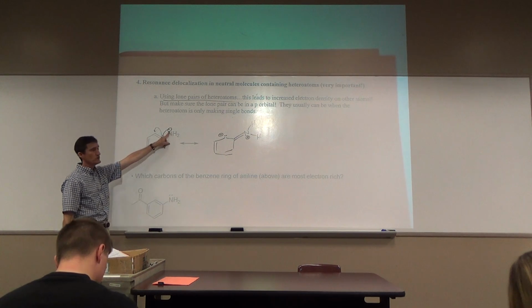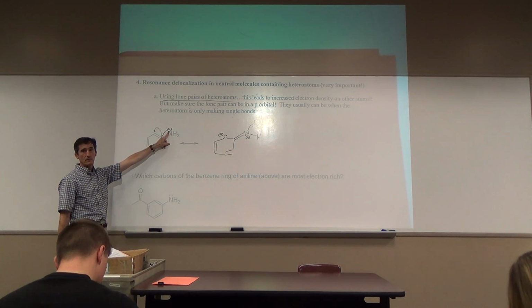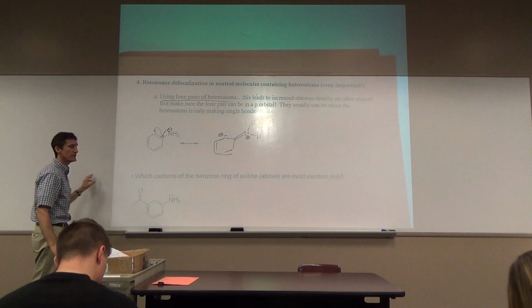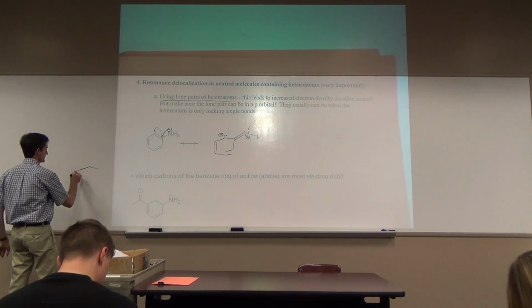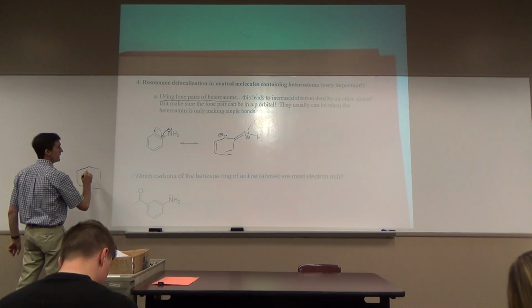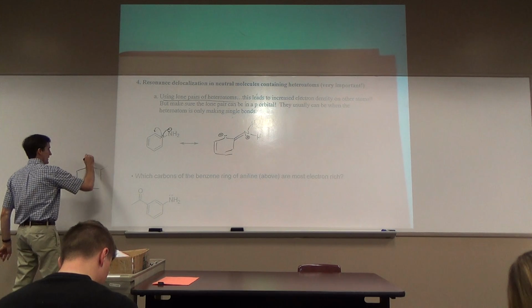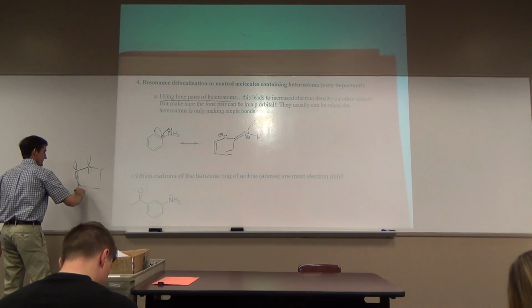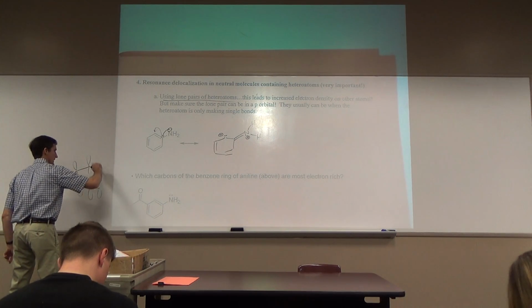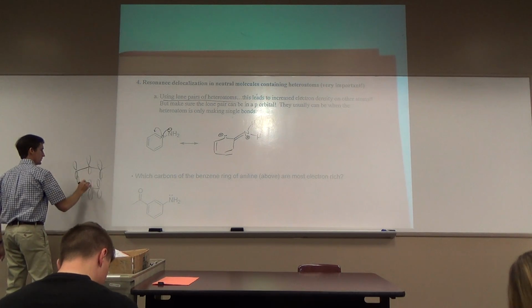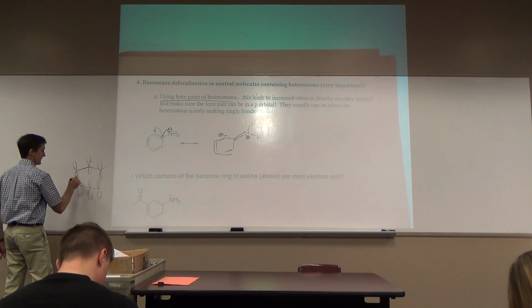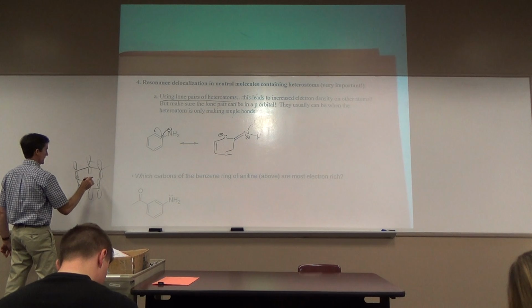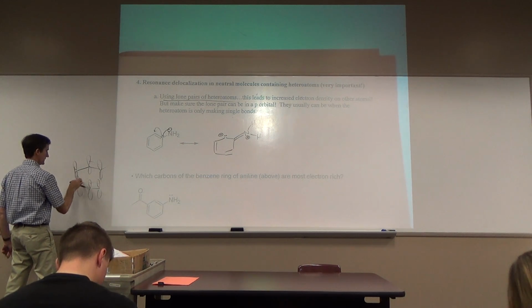This lone pair is in a P orbital. We can go back to the very fundamental. I don't know if you want to draw this because you don't really need to. What do we have here? We got P orbitals all the way around, right? Pi bond, pi bond, pi bond, pi bond.